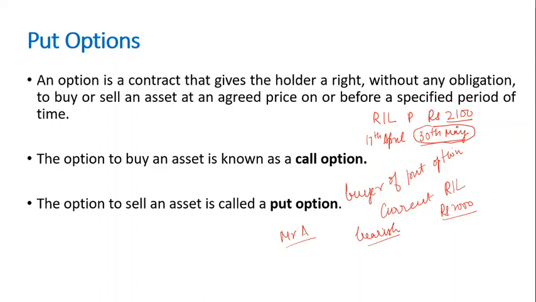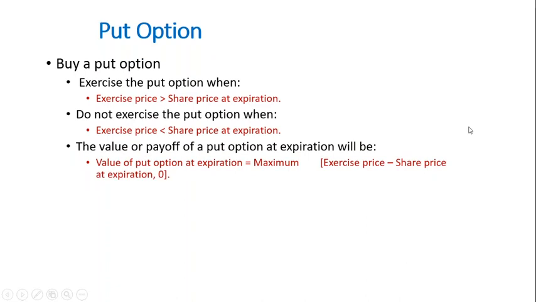Now, what can happen in this? Mr. A has purchased a Reliance put option at a strike price of rupees 2100. The current date is 17th April and this contract is for 30th May.